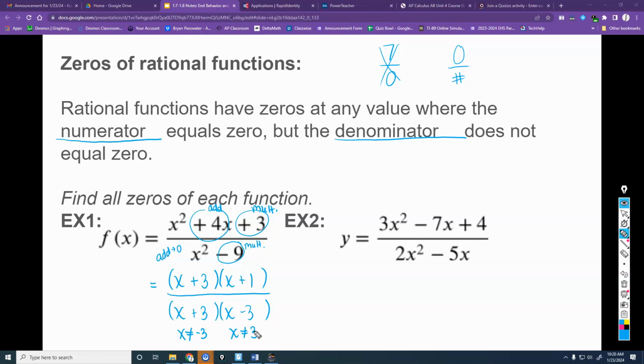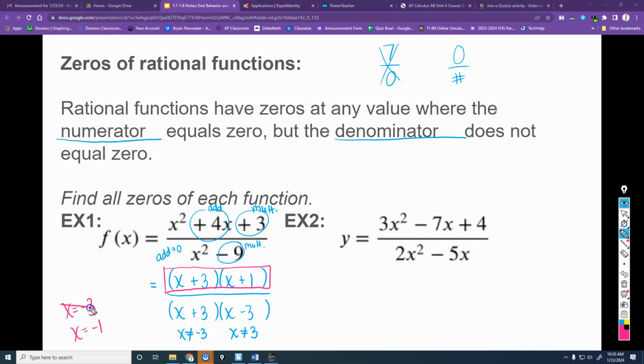So what's going to happen is if I get answers that are 3 or -3, I've got to throw them out, right? Now if I look at the numerator, which is where I'm going to find my zeros, I would get x equals -3 from this first one, and I will get x equals -1 from the second one. But what's our problem?